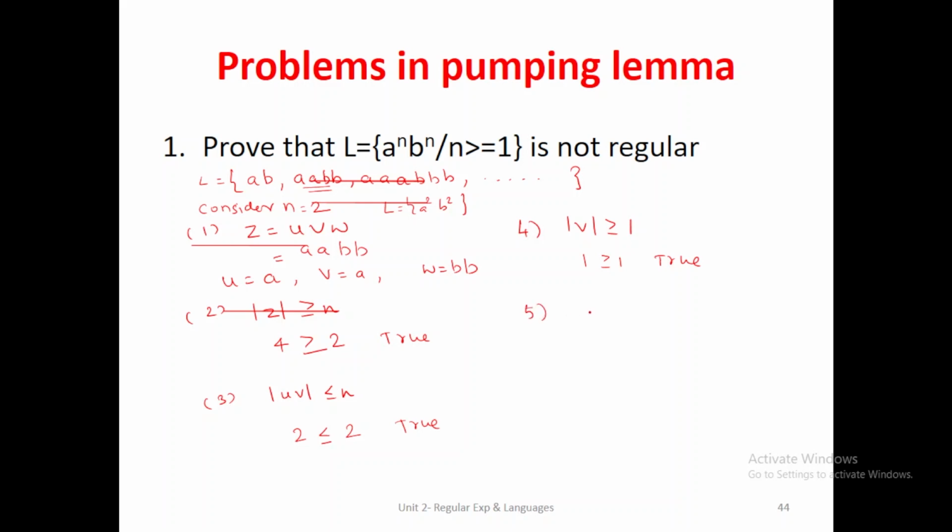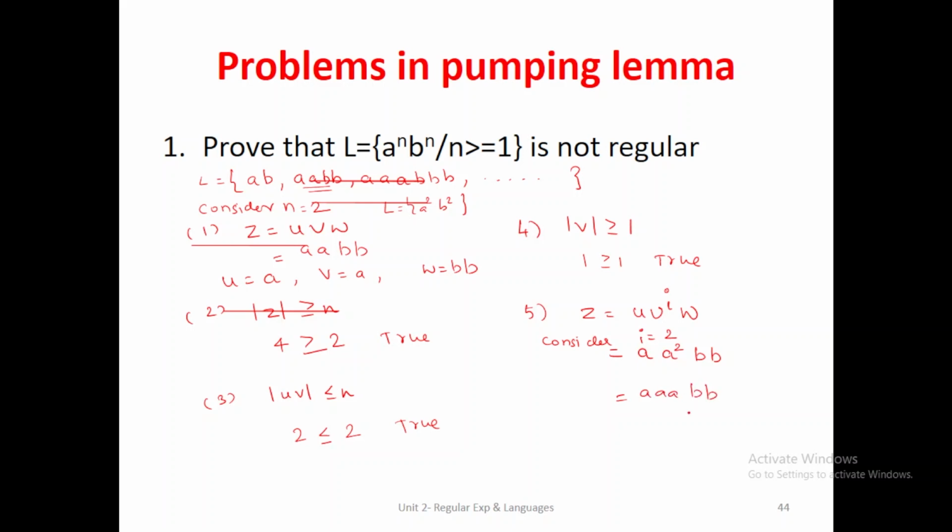Then we should prove it for Z equal to U V power i W. So let us take the U value. U is a single a. V is also a single a. W is bb. So what is i? i is an integer. Here I consider the i value to be 2. So if I take V squared, what is it?